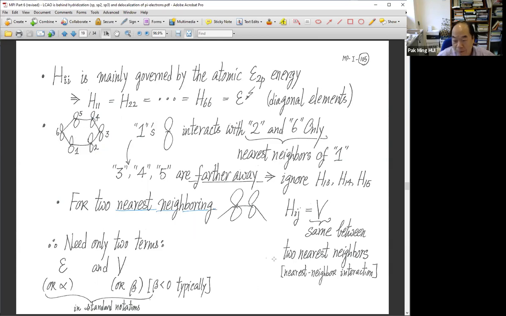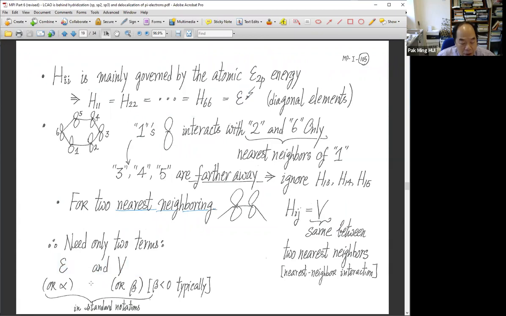I don't know what it is, but I don't need to know, at least qualitatively. I will call the non-zero Hij ones V, just V, okay? And I will call H11, the 2p energy, just epsilon. So I'm using epsilon and V as just 2 symbols for my 6 by 6 matrix or determinant, okay?